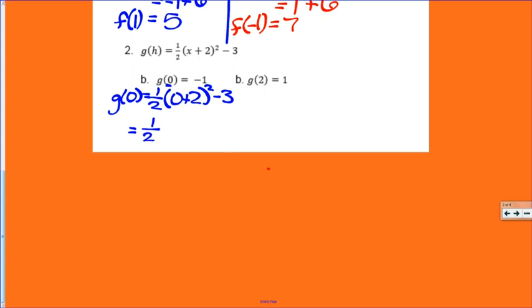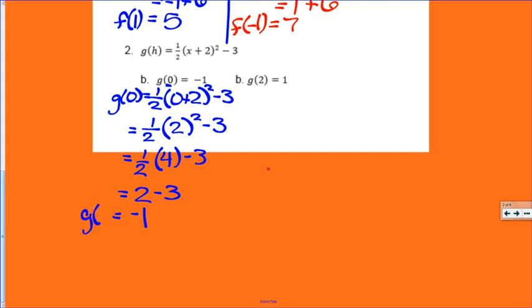So we're going to start with 0 plus 2 is 2. So parentheses, exponents, 2 squared is 4. Multiplication, 1/2 times 4 is 2. Subtraction, negative 3. Negative 1. So g of 0 equals negative 1. That first answer is true.